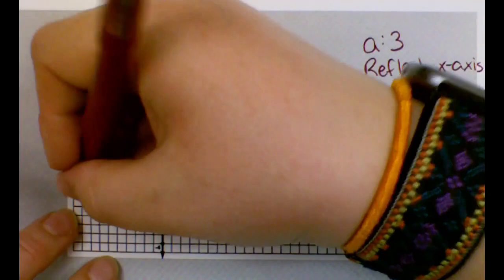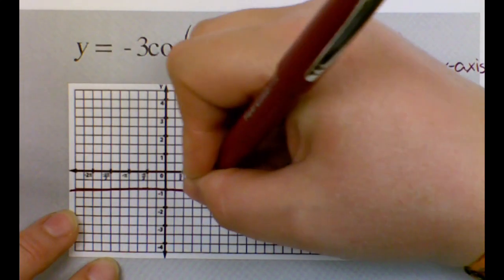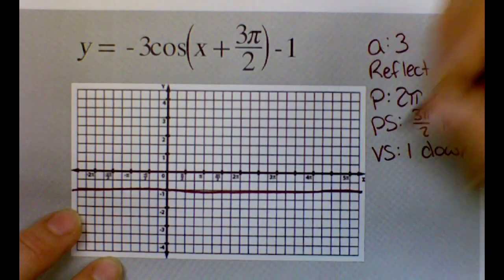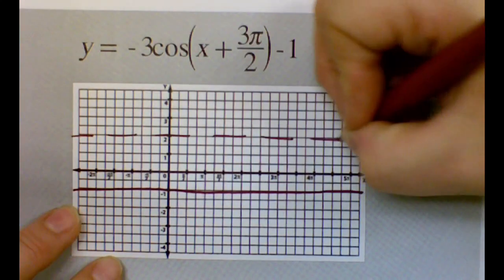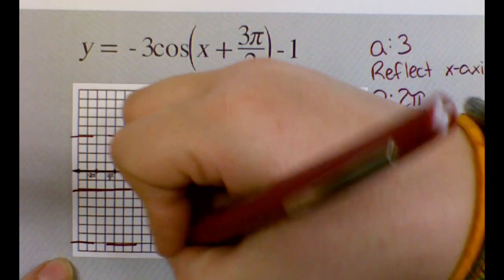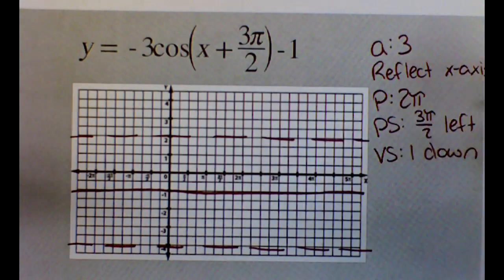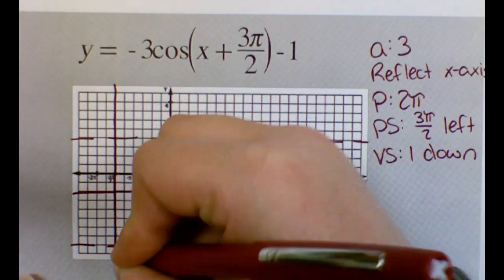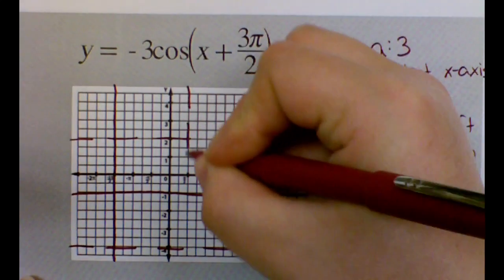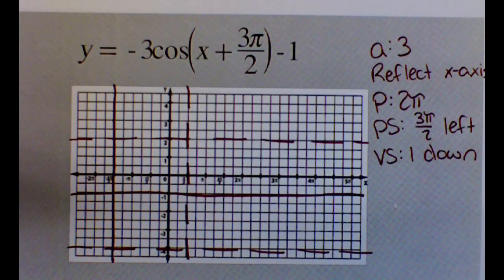All right, start with 1 down. Amplitude is 3, so our maxes are at 2. Mins at -4. Phase shift 3 pi over 2 to the left. Period is 2 pi, so we'd end at pi over 2. And then we reflect over the x-axis. Notice that I don't actually reflect any of this over the x-axis. It just changes whether I go up or down.